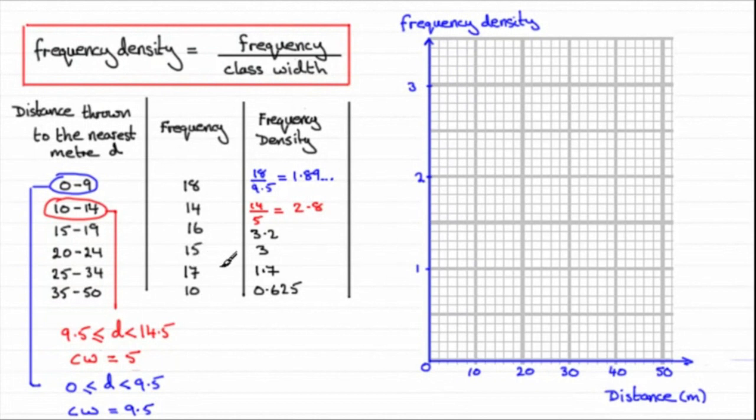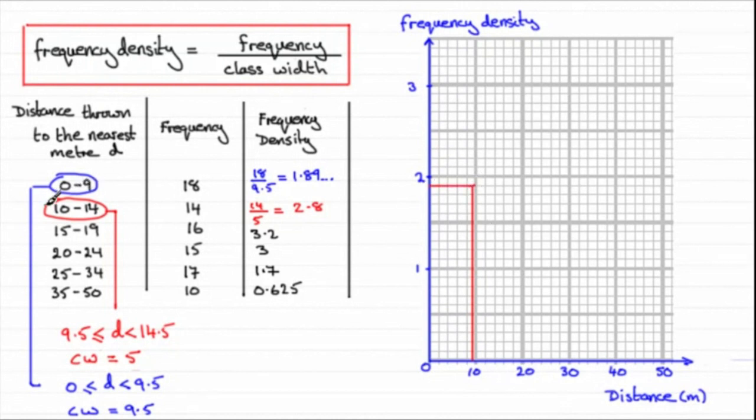To plot these, we first take our first interval, which goes from 0 to 9.5. 9.5 is just slightly to the left of the 10 here. Then you go up to your frequency density, which was 1.89, about 1.9, and draw a bar across there.